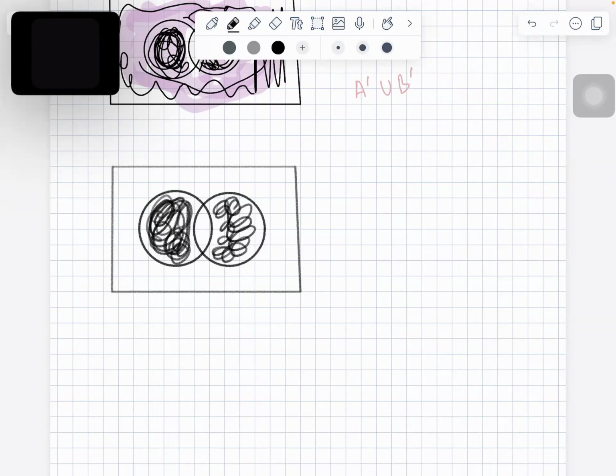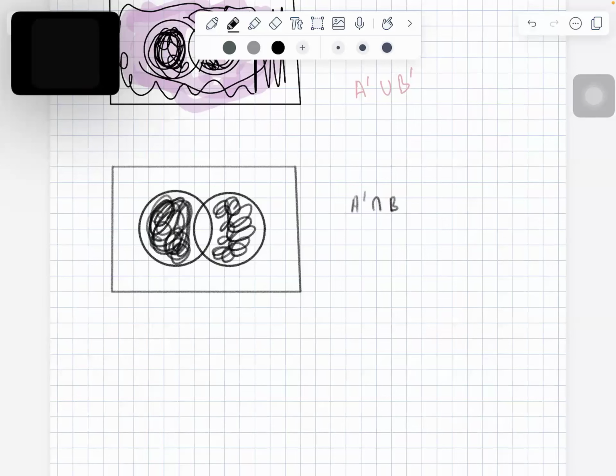I was thinking that it might be A intersection, I mean, A complement. A complement, then A. I was thinking intersection B, something like that. I don't know, but I was wrong, I think.